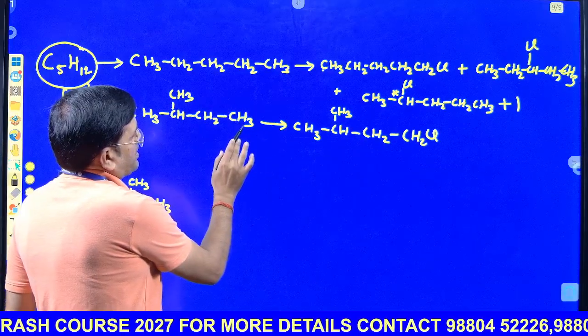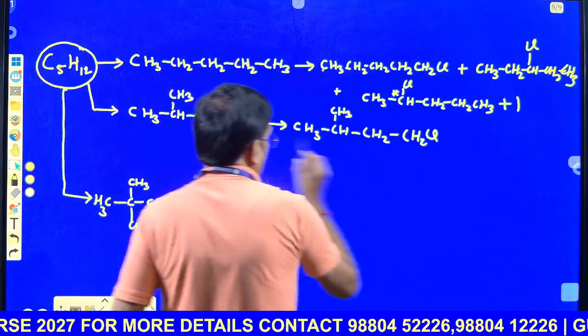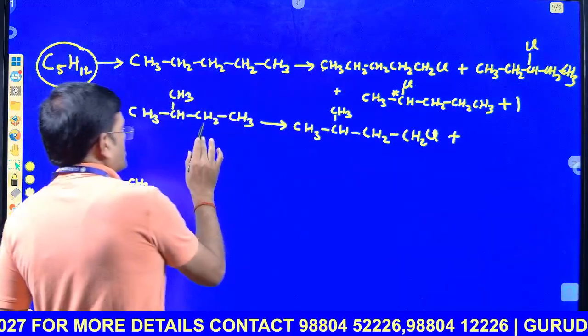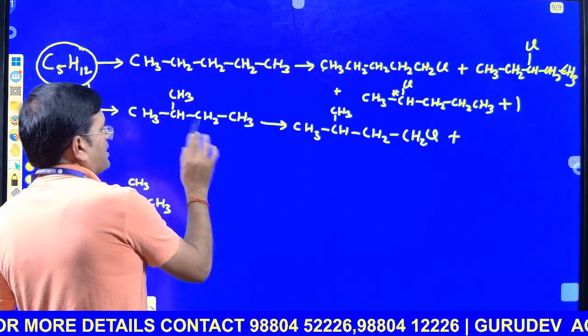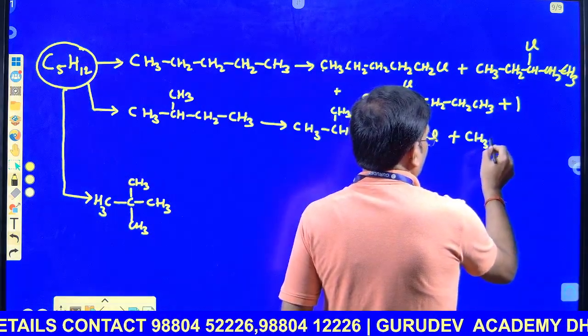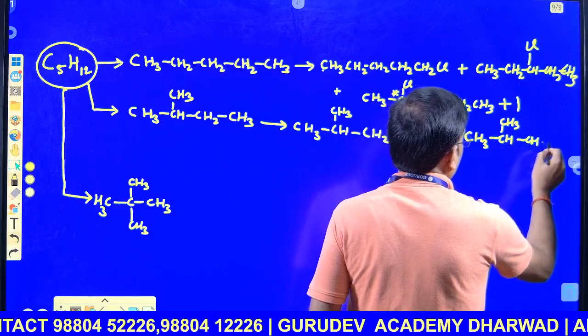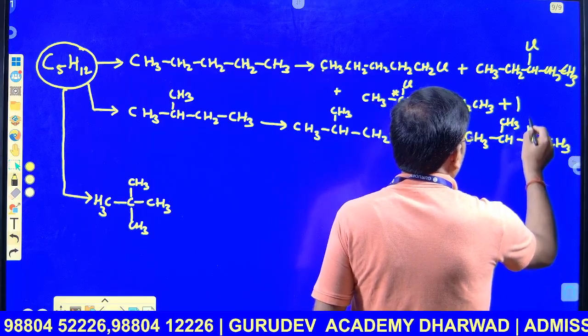By the substitution of this hydrogen, you will get one product, right? Now, substitute one hydrogen from here. Substitute one hydrogen from here. So you will get CH3, CH, CH3, CH, and CH3 and Cl.